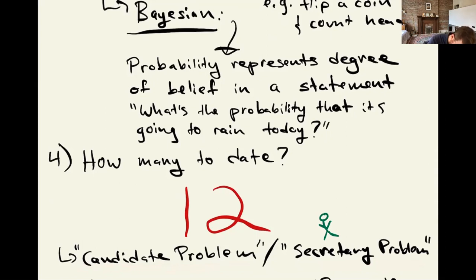So maybe you'll meet the third best person for you first, and then you'll meet the 77th best person, so not really a good fit at all, next, and then maybe you meet the 13th best person.